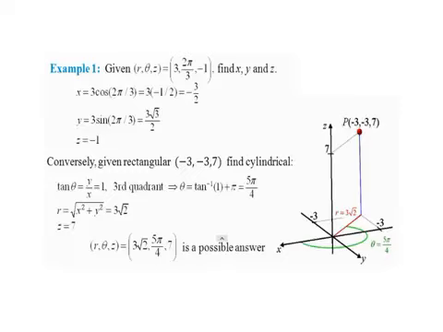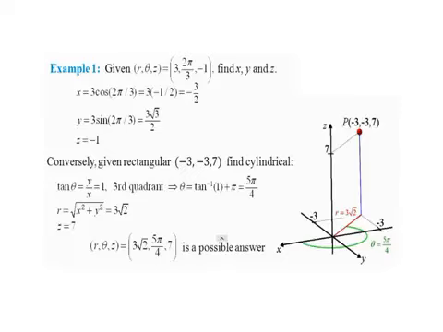Now conversely, we will transform a point which is in the rectangular coordinate system, given by -3, -3, 7, into the cylindrical coordinate system. We have to find the values of r and theta.